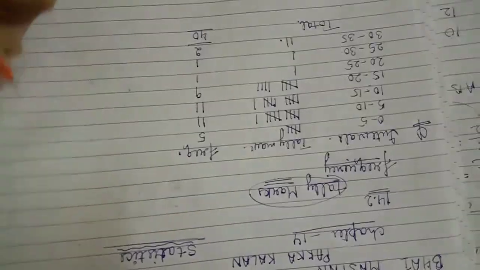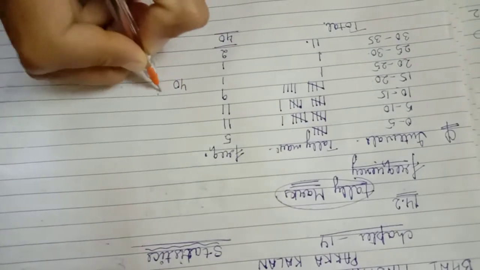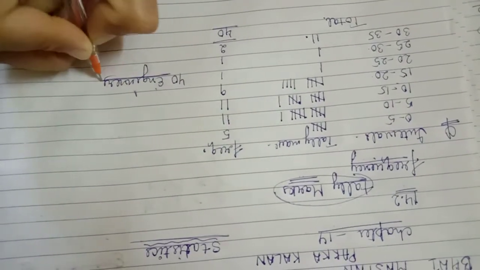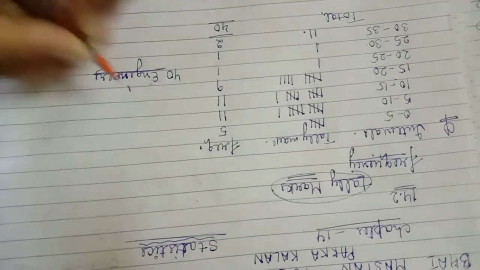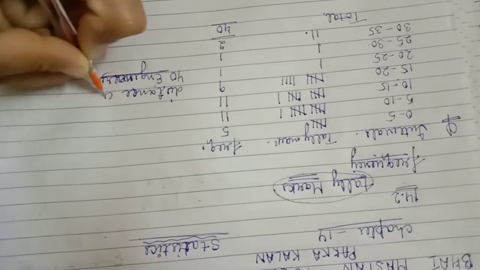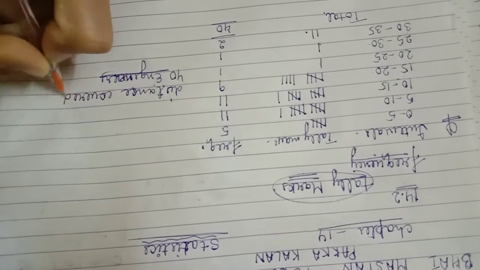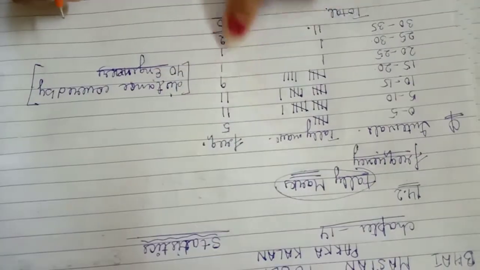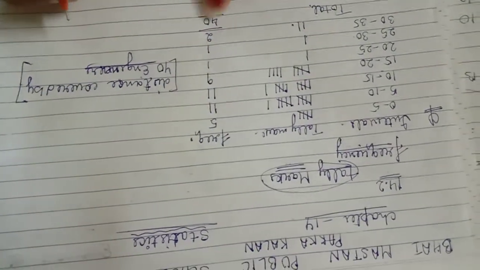And we already discussed the distance covered by 40 engineers. So the sum is 40, which means our sum is correct.